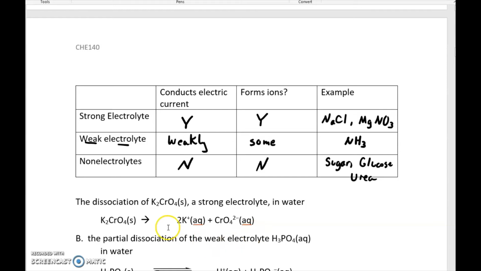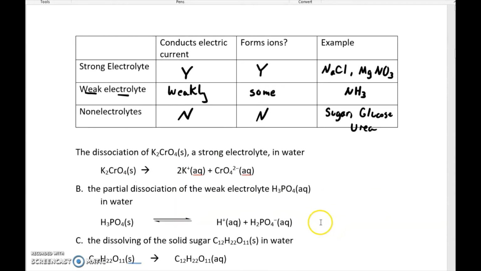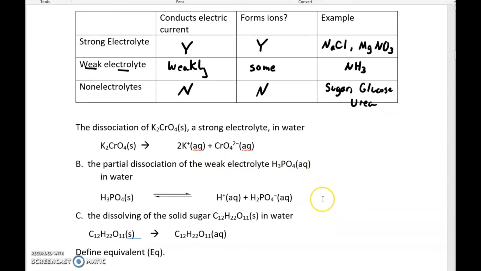So when potassium perchromate is a strong electrolyte in water, we use an arrow here to indicate that this reaction goes in one direction. And we denote that we get ions. We expect that for a strong electrolyte.